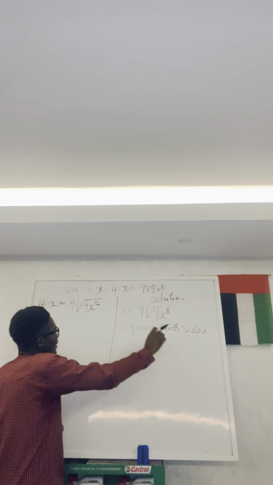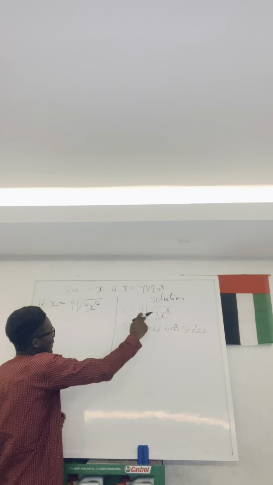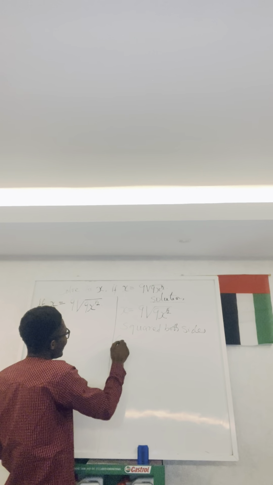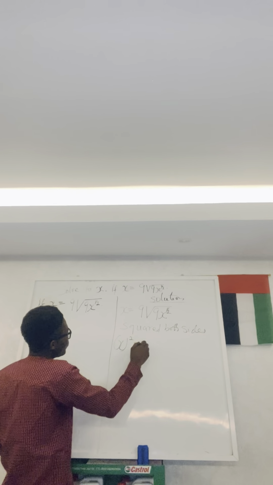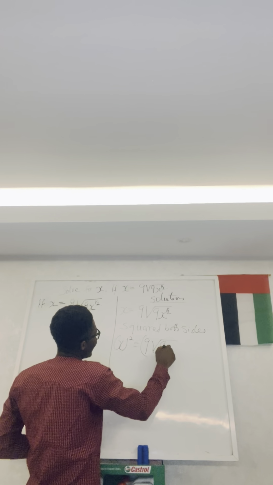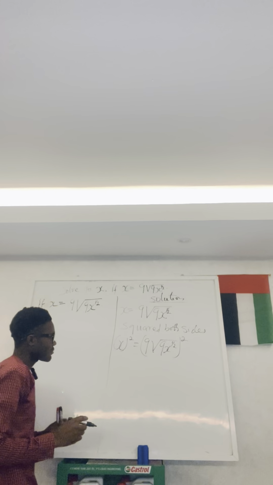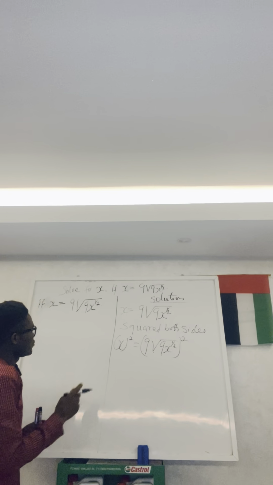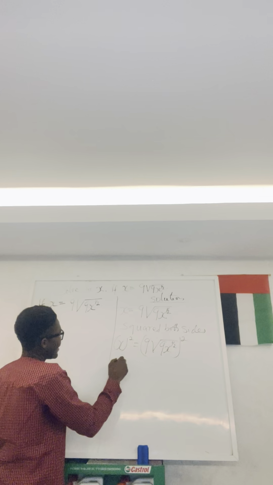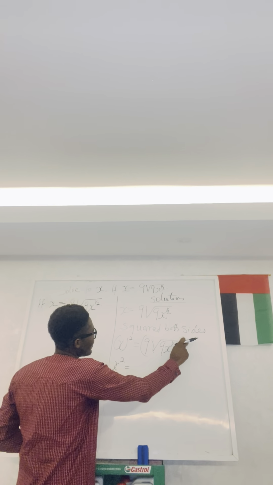If you square both sides, you can eliminate this root. Squaring both sides, we have x squared equals 9 root 9x raised to the power of half, all squared. So here now will be x squared equals this squared here.